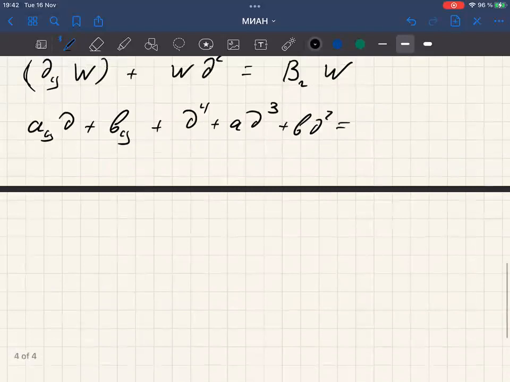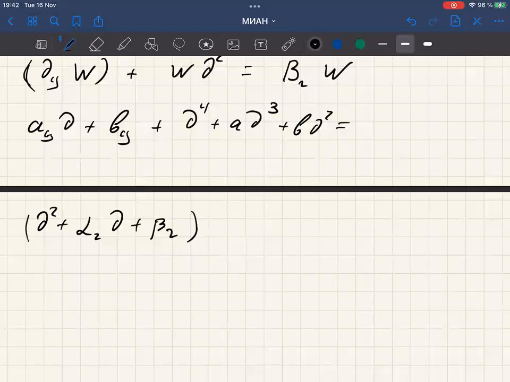Okay, let me write it this way: d square plus alpha 2 d plus beta 2, times d square plus r d plus b.